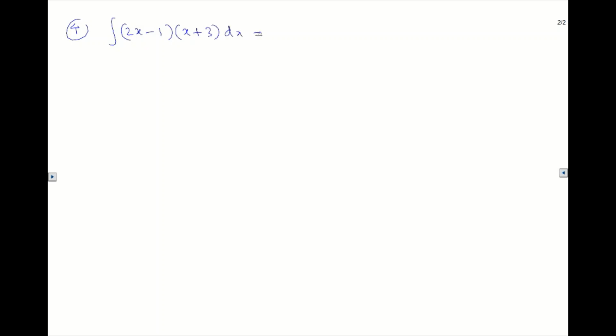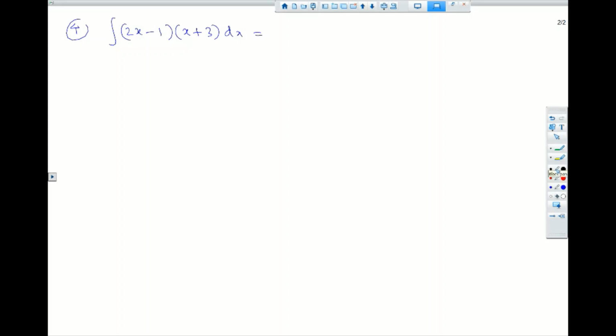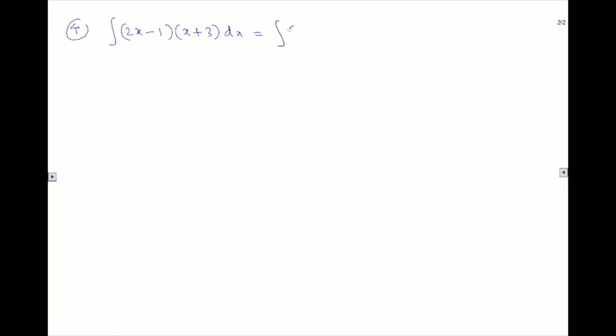So what we can do, we can split. So if you split, you're going to get 2x squared plus 5x minus 3 dx. Now what we can do is term by term integration. So you're going to get 2/3 x cubed plus 5/2 x squared minus 3x plus c.